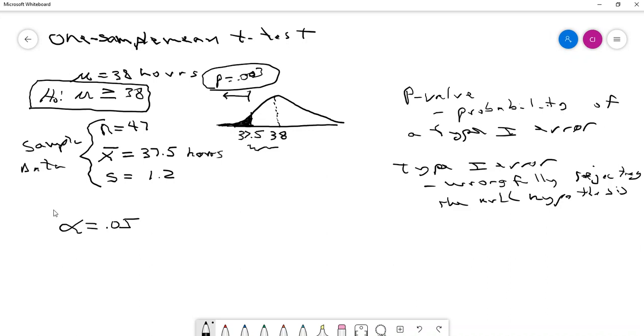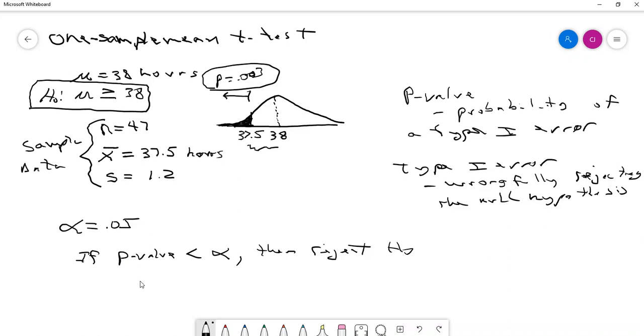We're going to set it at 5% this time. Just now remember that if p-value less than alpha, reject H sub 0.